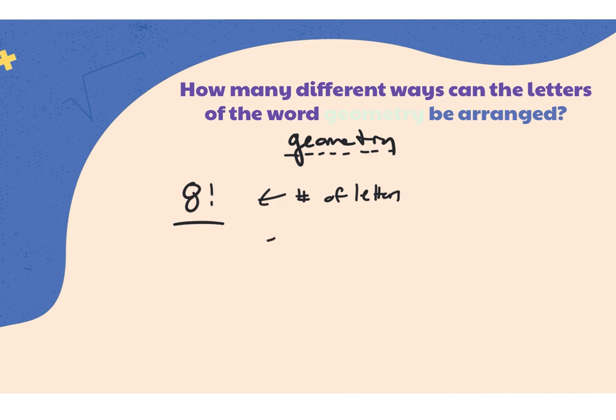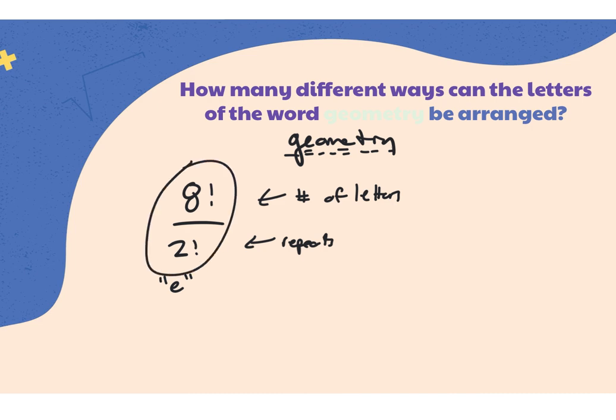Then on the bottom is where I put repeats. You can't tell the difference between 2 of the same letter. I've got 2 E's in geometry, so I'm going to put 2 factorial down there for the E's. And let's see if I have any other repeats. No other G's, no other O's, no other M's, no other T's, no other R's, no other Y's.